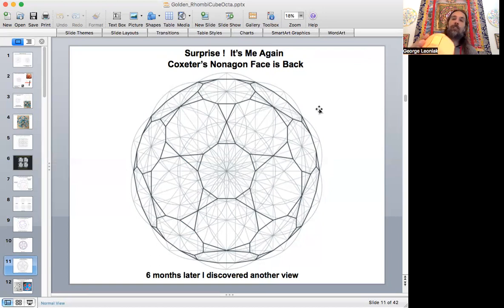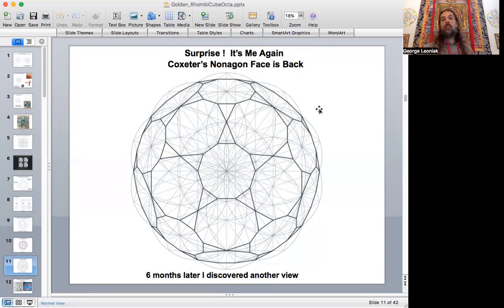So the rotation of this form actually produced a form that I first discovered in the fall of last year. So pretty much 6 months later, this Nonagon face form is being held right now at this perspective to you from the Pentagon view. And prior to this drawing, all I was able to do was draw it in the hexagon view.